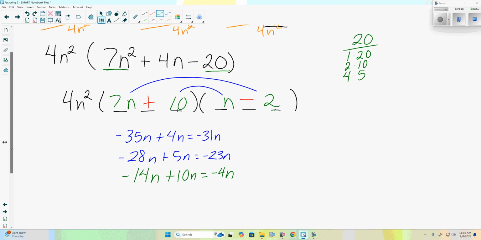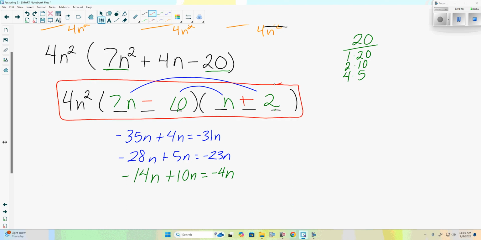So we do get the correct number, but the wrong sign. So we need to switch the signs. Yeah, so we just need to flip the negative away from the one that would be multiplied by the 7n.